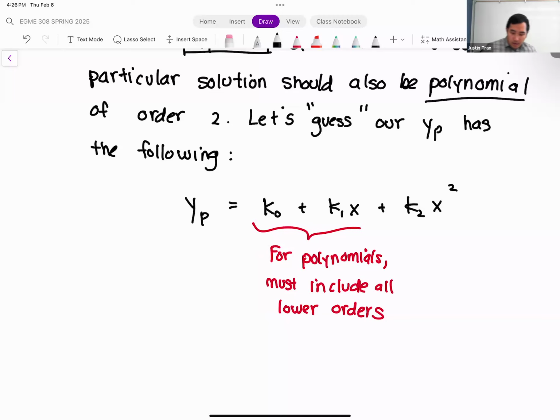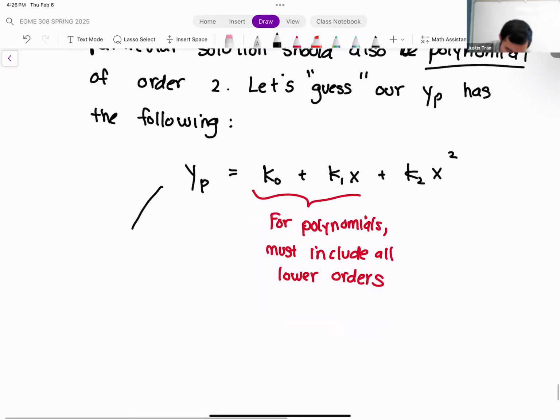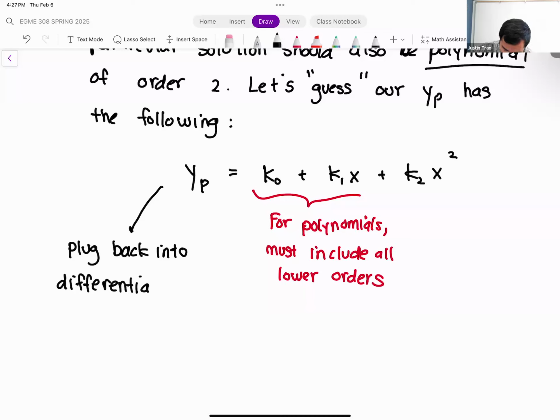Next, we're going to take this guess and plug it back into our differential equation. That's going to let us set up a system of equations to solve for all of these unknown coefficients, k0, k1, k2.